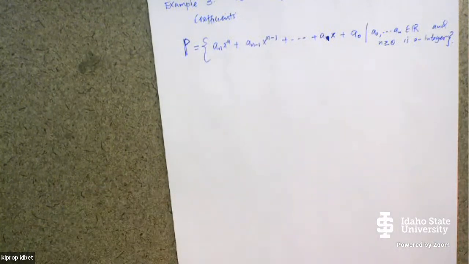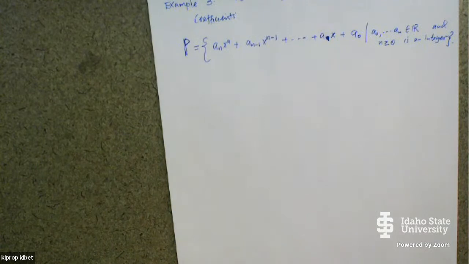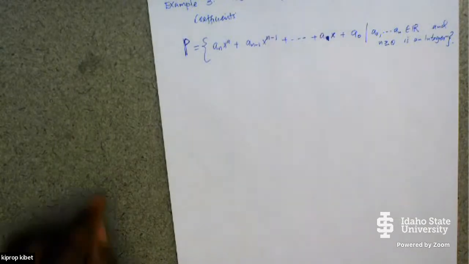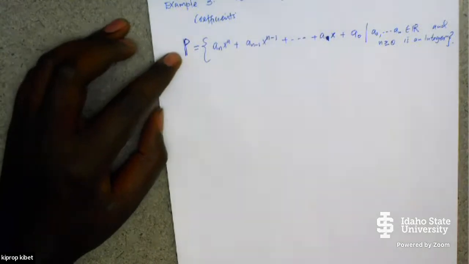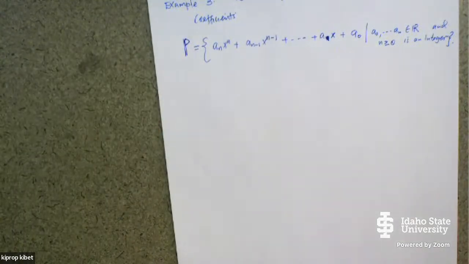So the set of all polynomials with real coefficients is all that. If they have real coefficients, we write it as capital P.